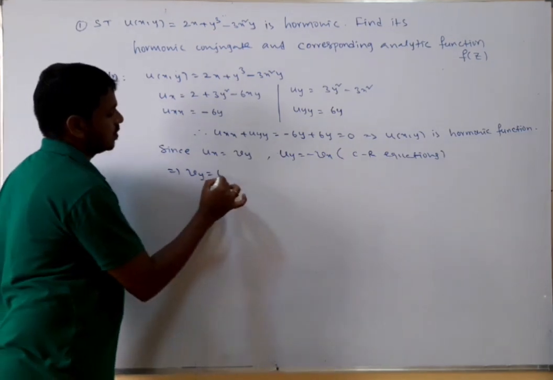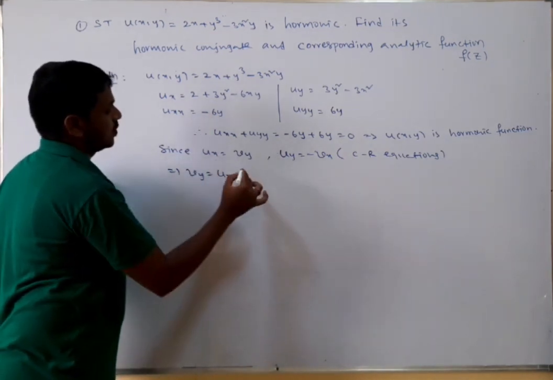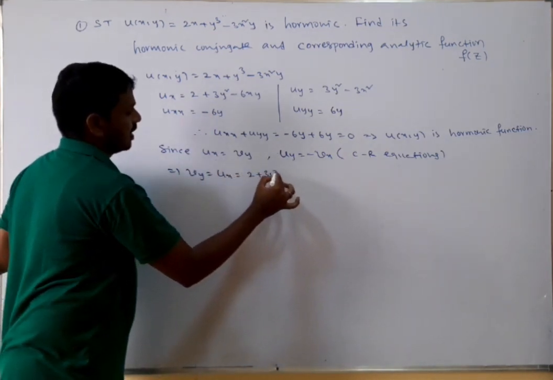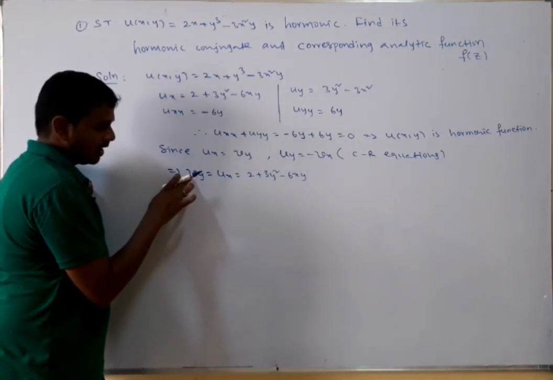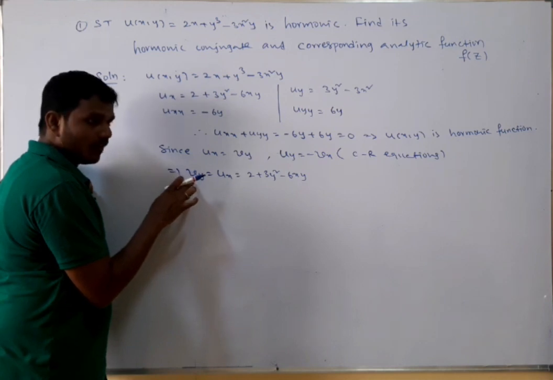vy is equal to ux, which is 2 plus 3y square minus 6xy. We have dou v by dou y, and from this we may expect v.